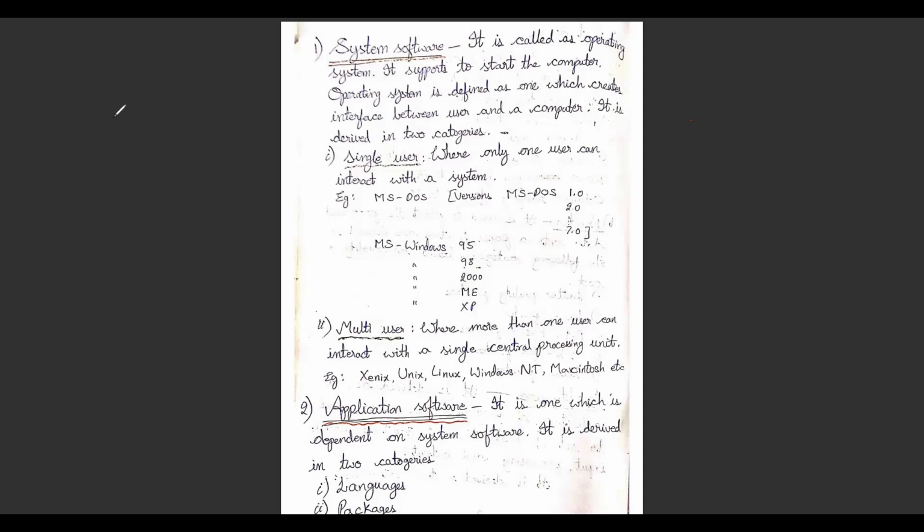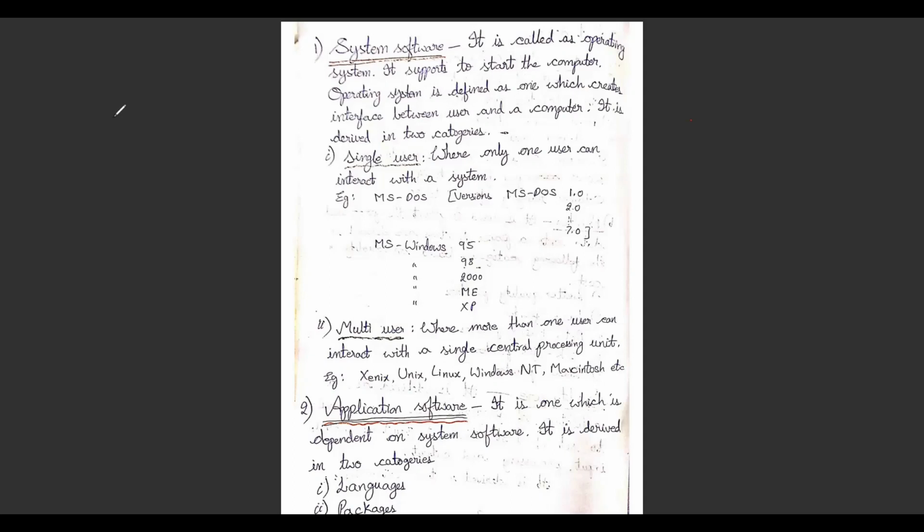Whatever language I give or whatever I type won't be understandable by the computer, that is the machine, and what the machine does won't be understandable by the user. So in order to make this interaction flexible between the user and the computer, you use the system software, that is, the operating system, which plays a major role.